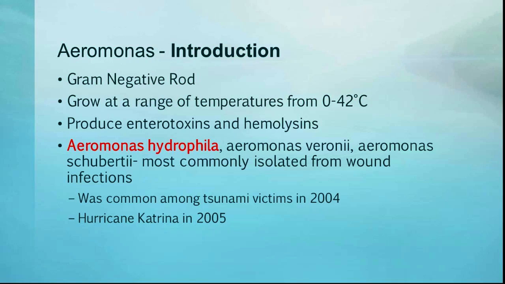Aeromonas is another gram-negative rod. It produces a lot of enterotoxin, causes diarrheal illness, and also hemolysin. The one serovar that's very important with Aeromonas is hydrophila, and that's the one that causes most human infections. It was very common in the tsunami victims in 2004 and also in Hurricane Katrina.